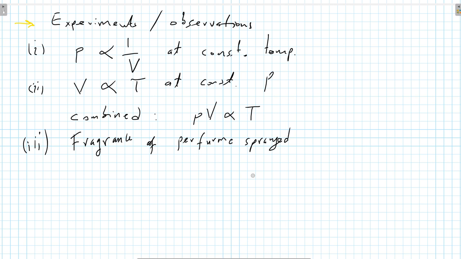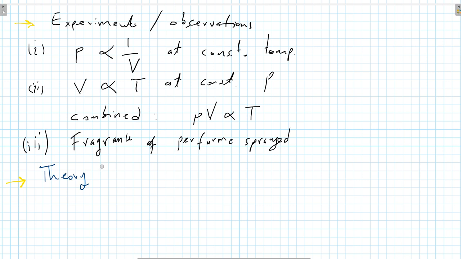We go next to the theoretical part, the theory.